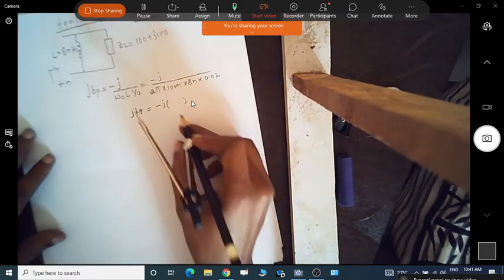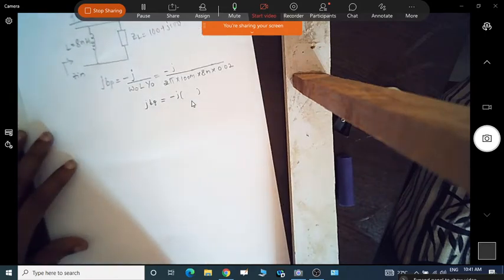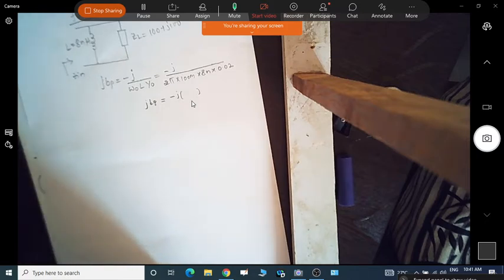What is the value? Hello? Anybody done or not?